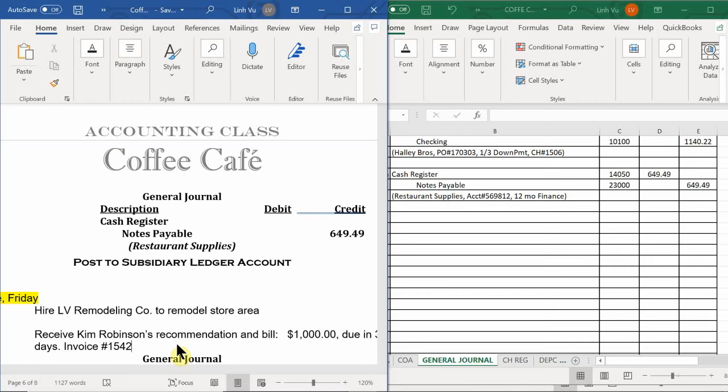Not labor expense. In this case, I'm going to treat this as a business expense because all she did was come to the store and give us a recommendation. She didn't really work on the store. I'm just going to write her off as a business expense. However, how do I represent this bill?